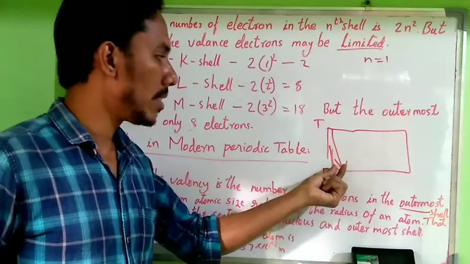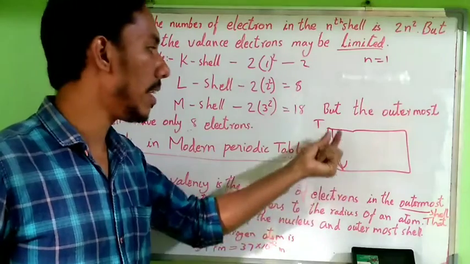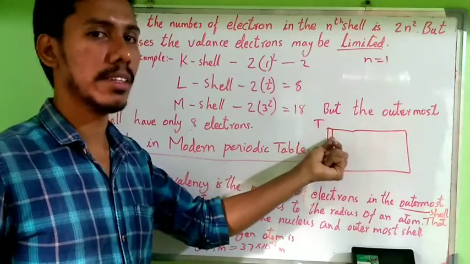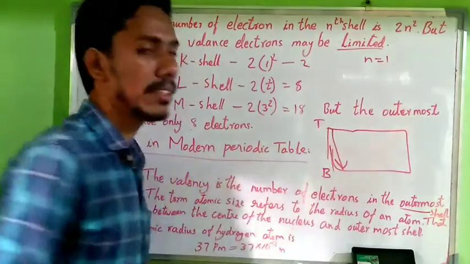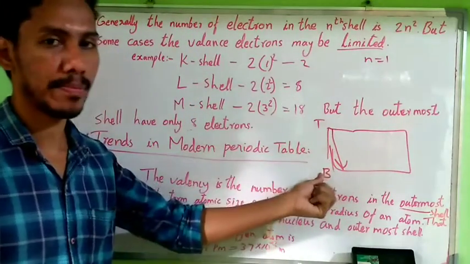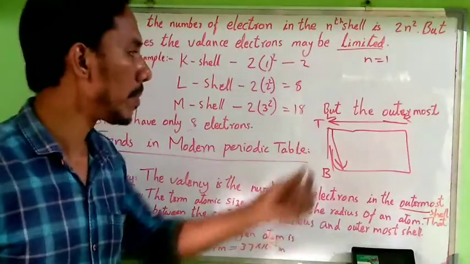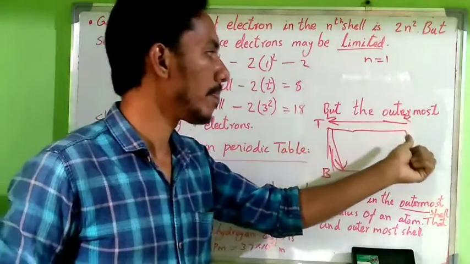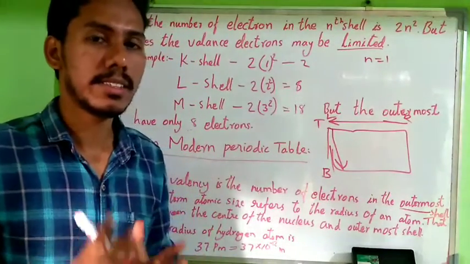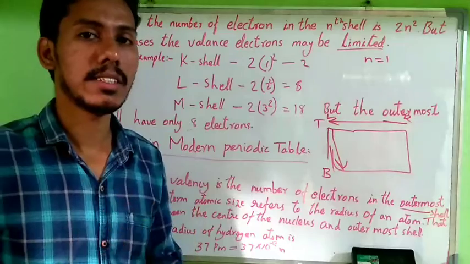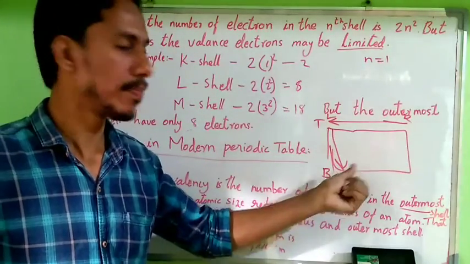So, cesium and francium are bigger than hydrogen or lithium. Atomic size decreases from left to right. So the largest element in the periodic table is francium.